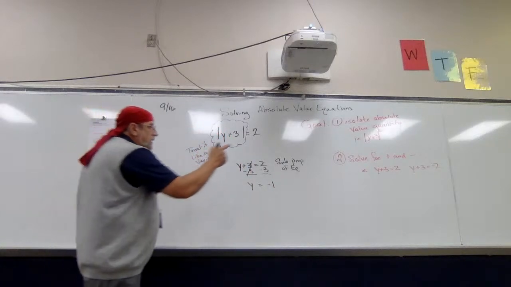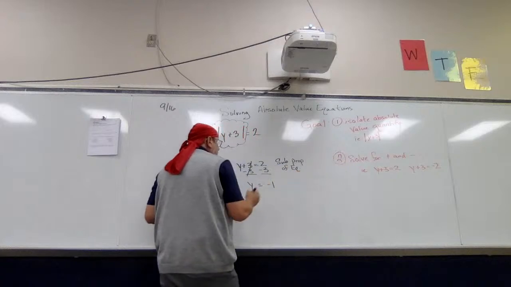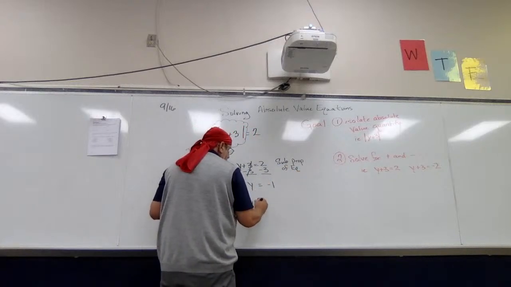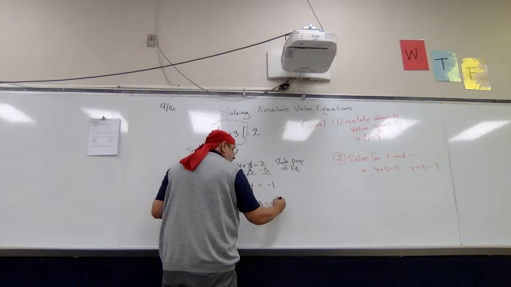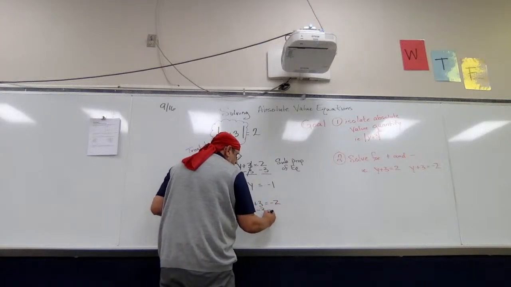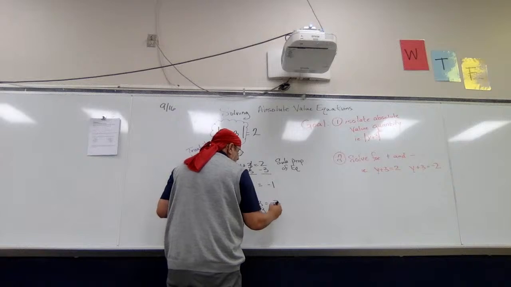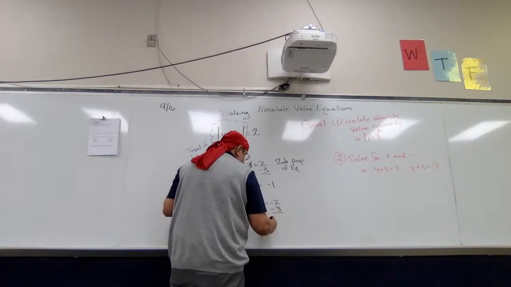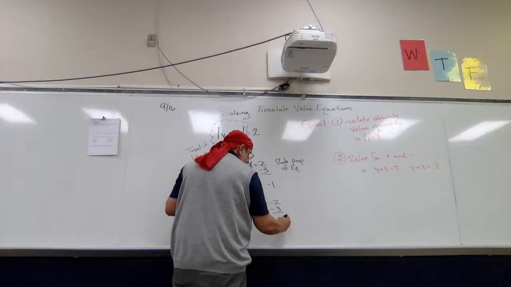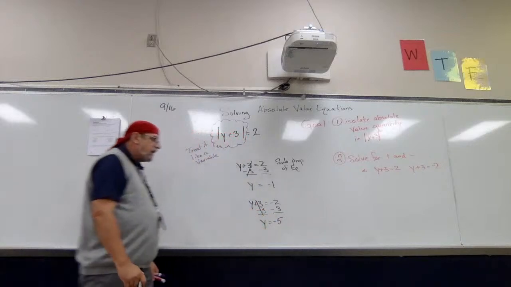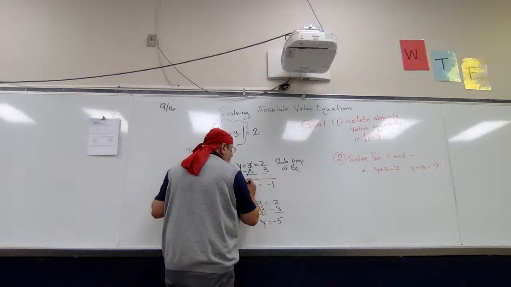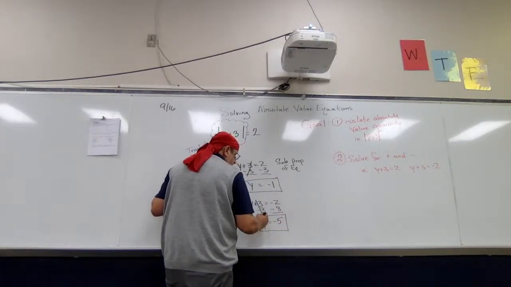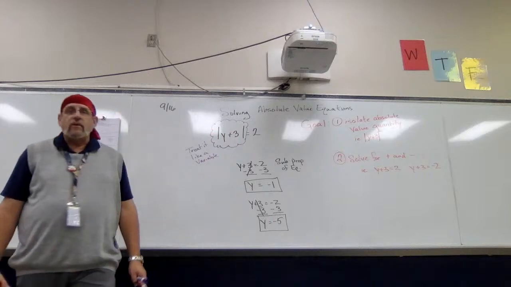But what about solving for -2? So y plus 3 equals -2. I solve the same way, but I get a different answer. So there are two values that satisfy this absolute value equation.